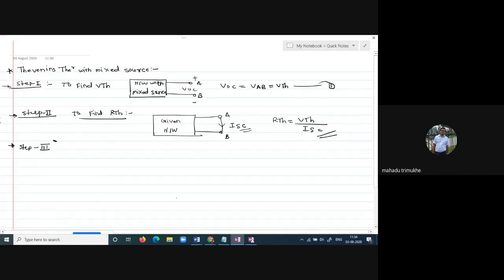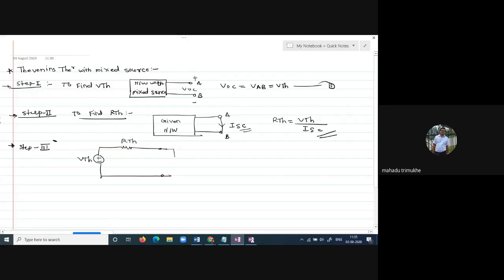The load resistor you removed, you connect it again at points A and B. So we replace the Thevenin equivalent circuit over here, positive, negative, with your VTH and RTH, which you already calculated in steps 1 and 2 respectively.